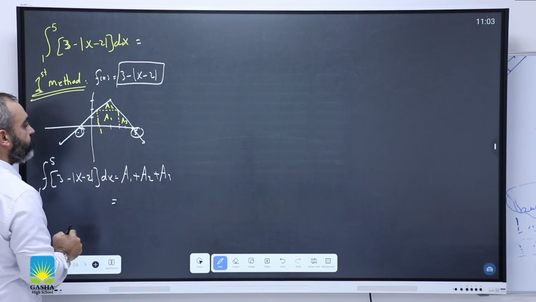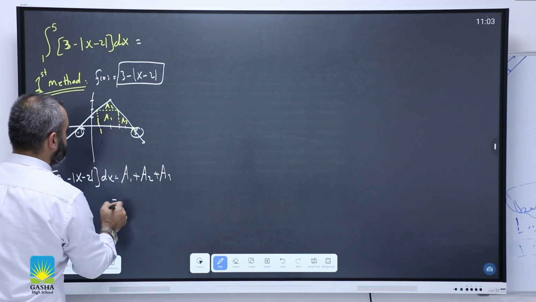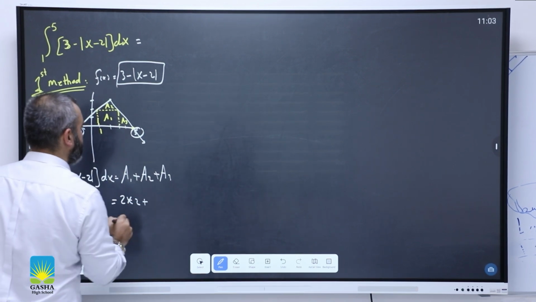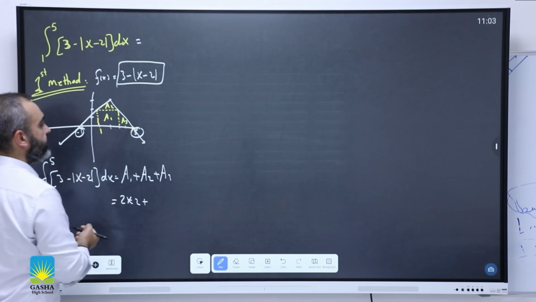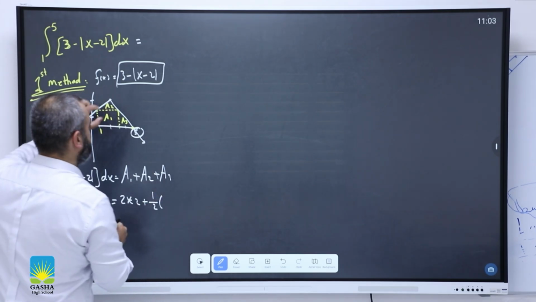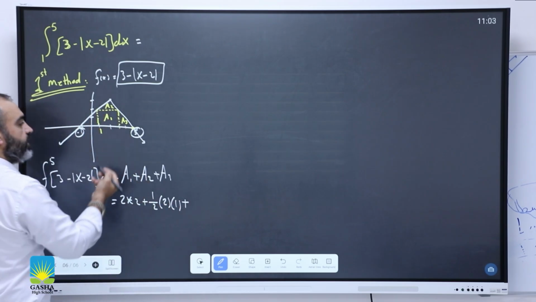So what about A1? A1 is a rectangle with length 2 and width 2, so 2 times 2. And what about A2? A2 is 1/2, because we have a triangle here, 1/2 times 2 times 1, plus. What about A3?